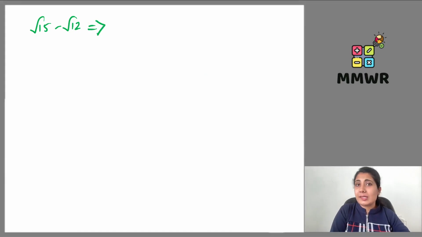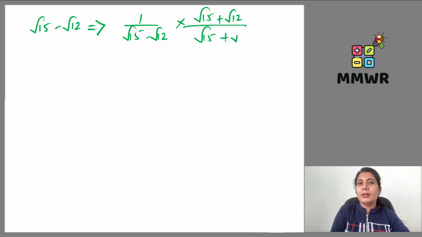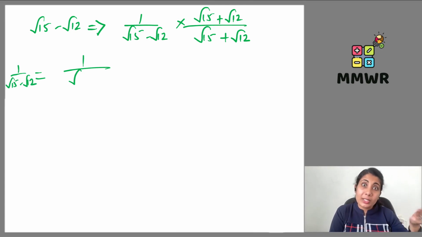So for that, this is not equal to this. First I'll take the reciprocal, so 1 upon root 15 minus root 12. Then I will rationalize it. So root 15 minus root 12, I will be multiplying with root 15 plus root 12. So that I will be getting root 15. This is equal to 1 upon root 15 minus root 12. इसीलिए उल्टा करते हैं क्योंकि ये 1 upon की वैल्यू मिल रही है. 1 upon 27 we are getting.